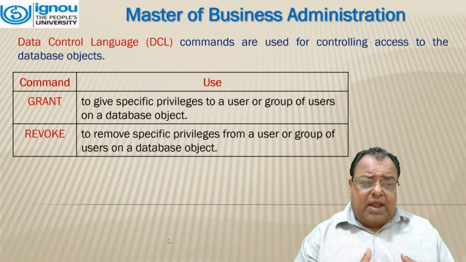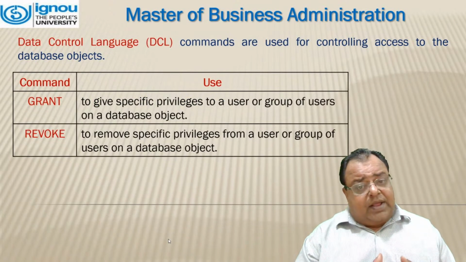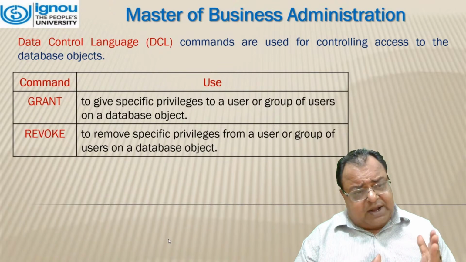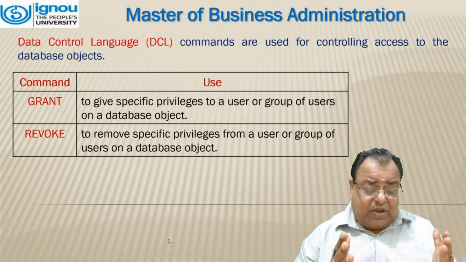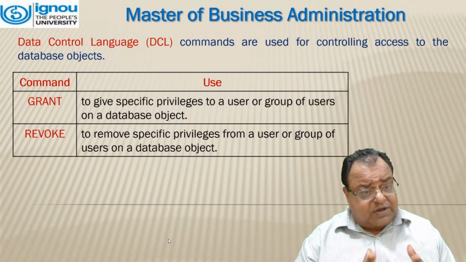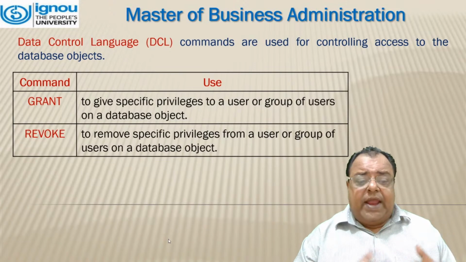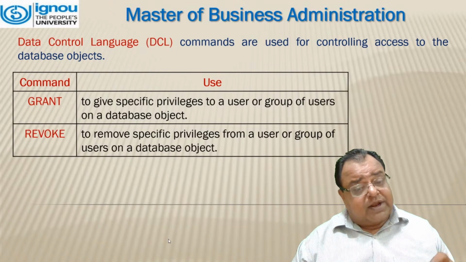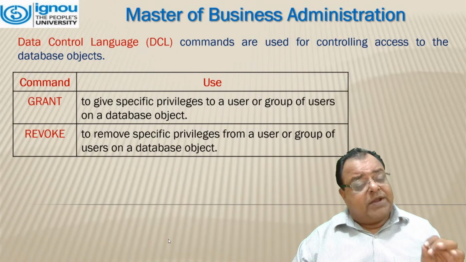Then comes the data control language. DCL commands are used for controlling access to the database objects. There are two commands: grant, which is used to give specific privileges to a user or group of users on a database object. The second one is revoke. It is used to remove specific privileges from a user or a group of users on a database object.